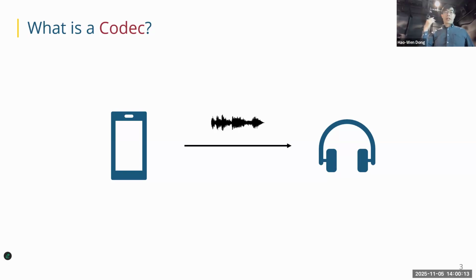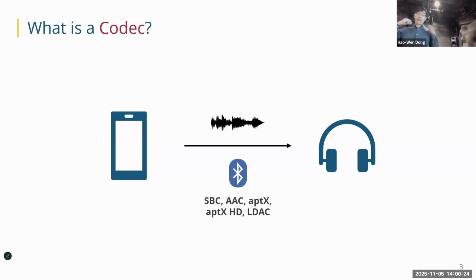Even with Bluetooth, when you connect your earbuds, it's not sending 44.1 thousand samples every second. It doesn't make much sense. So it's actually encoded into something and then transferred to your earbuds. For Bluetooth, it could be SBC, the early Bluetooth codec, AAC, aptX, and LDAC. These are some of the more advanced Bluetooth codecs.